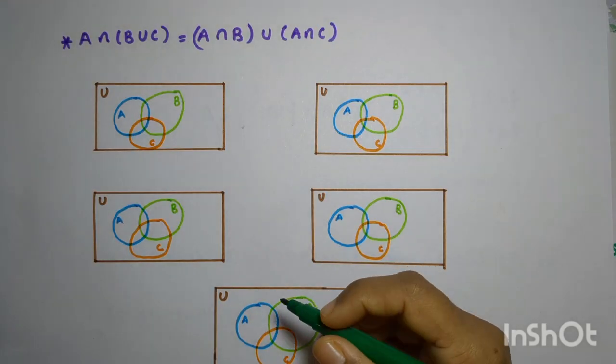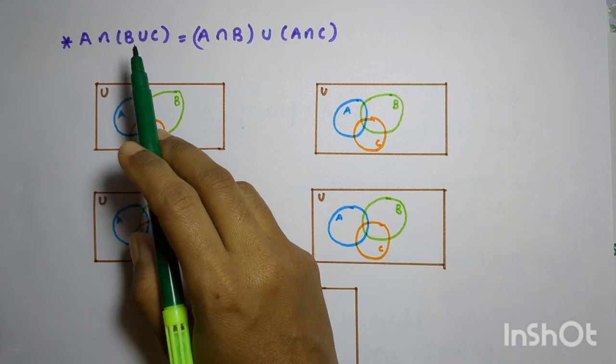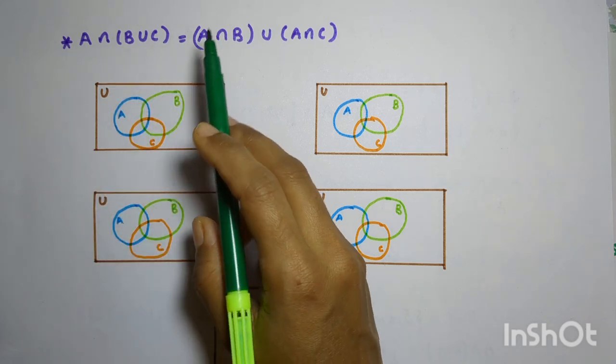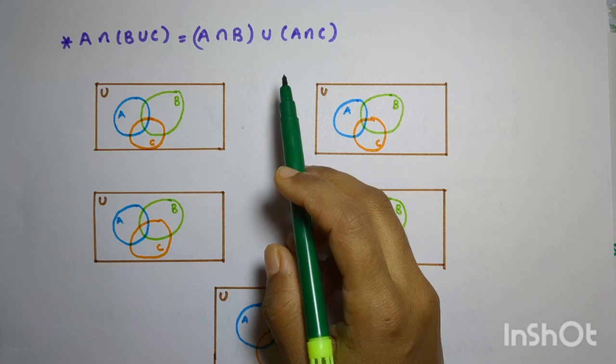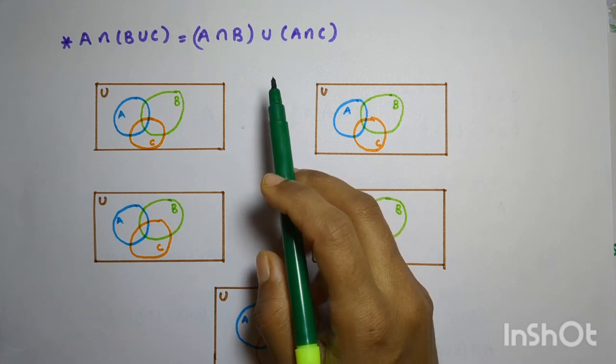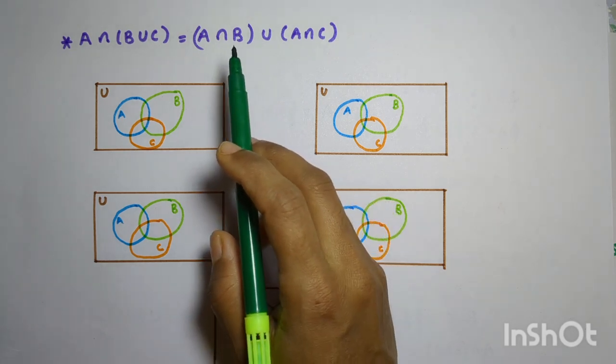Now A intersection (B union C) can be written as (A intersection B) union (A intersection C), which is known as the distributive law. And from the Venn diagrams we can explain this law.